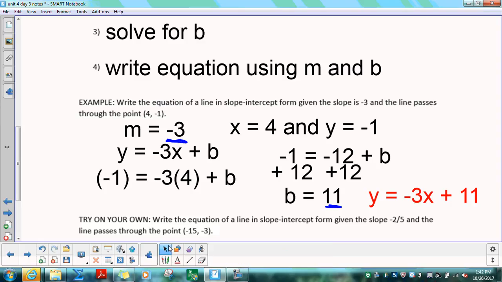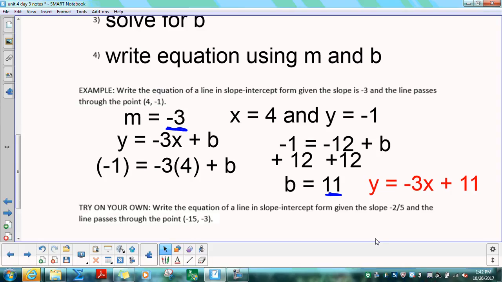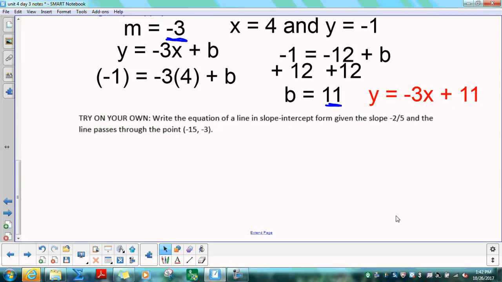Does that make sense? I hope you're saying yes. And if you're saying no, put a star next to it. We can go over this more in class. Okay? So, go ahead and try this one on your own. Okay? Write the equation of a line in slope-intercept form given the slope. So they gave you the slope, and they gave you a point.